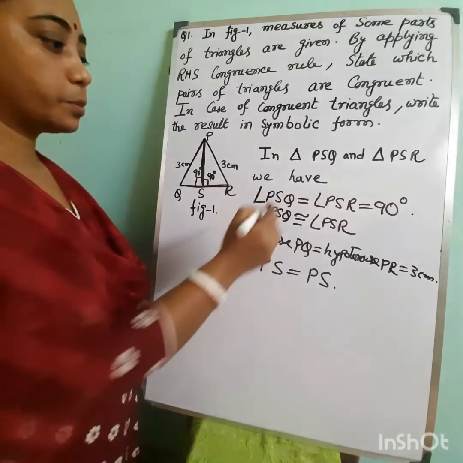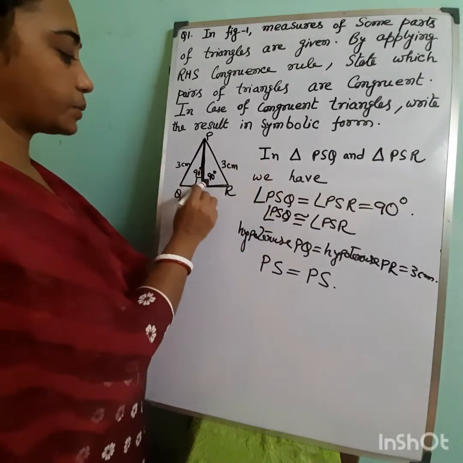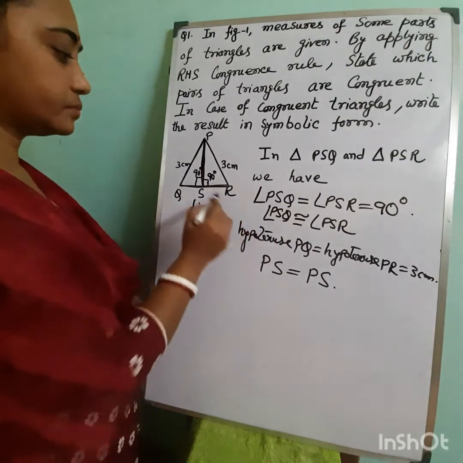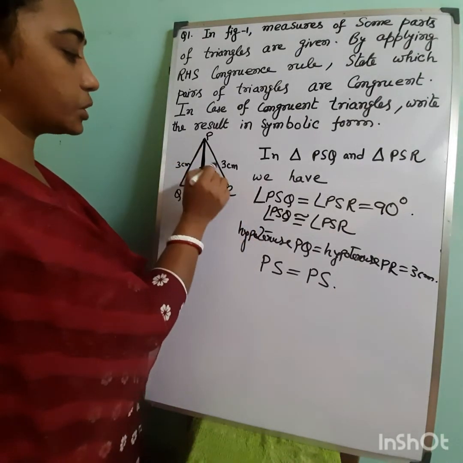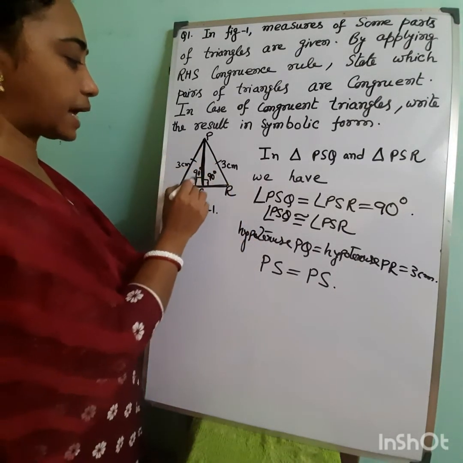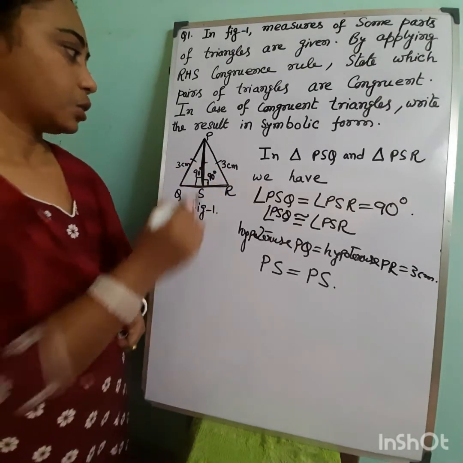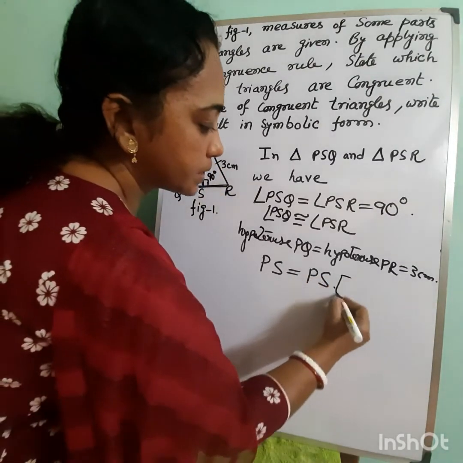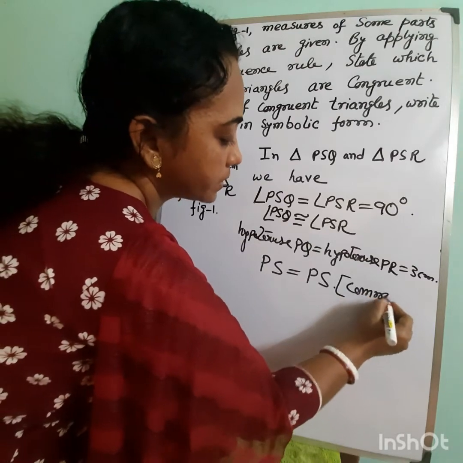So we can see one angle, both are 90 degrees. The hypotenuses are both equal. And the common side, PS, is equal to PS.